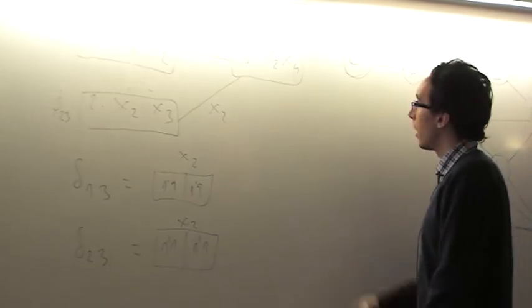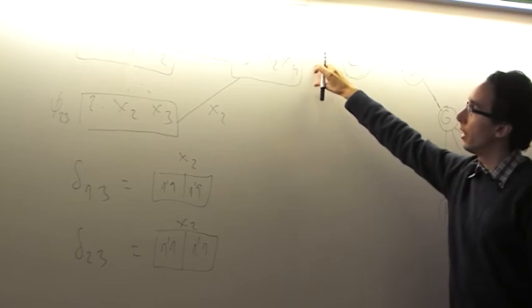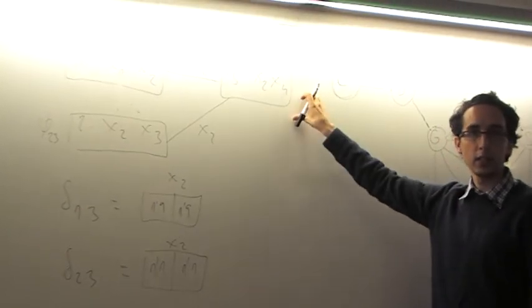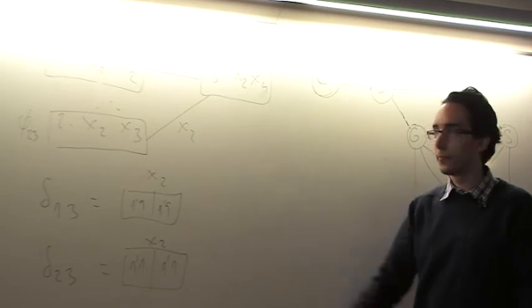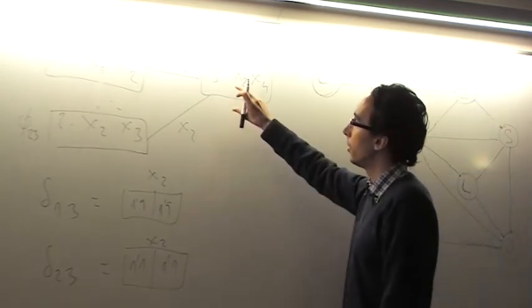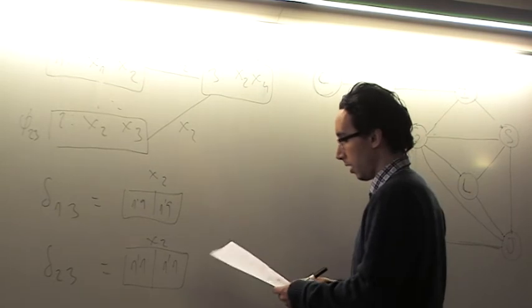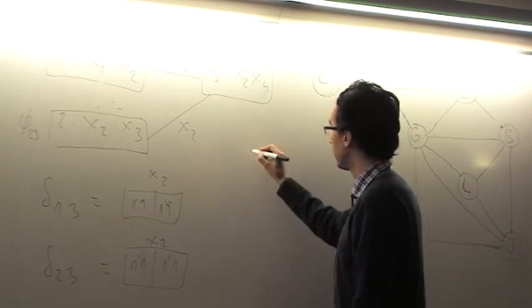Okay, so now I have in the root all the incoming messages, and what I do is send the messages from the root to the leaves. So I will send a message from node 3 to node 1.